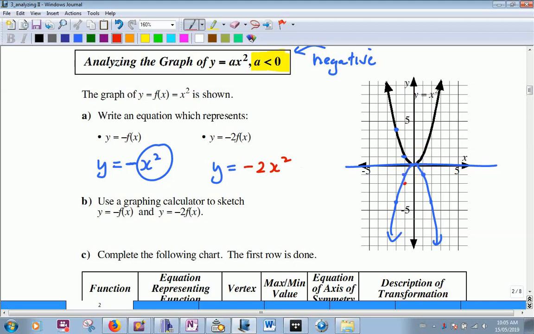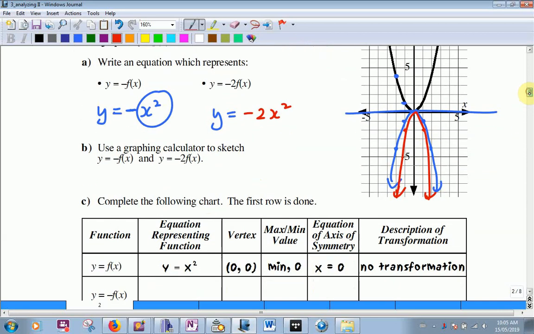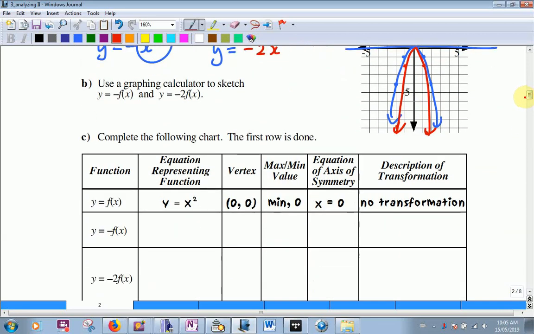So it's not 1, it's 2. And it's not 4, it's 8. Okay? So it's narrower. The correct word is vertically expanded. And what's a better word for flipped in math? Inverted. Okay. Here's what we're going to call it.